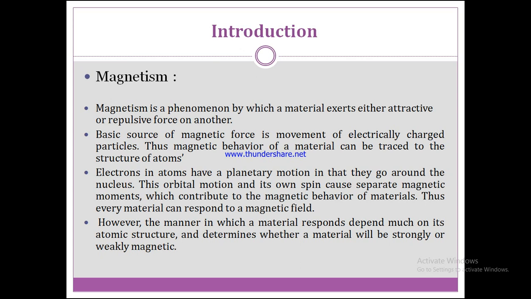Electrons in atoms have a planetary motion in that they go around the nucleus. This orbital motion and its own spin cause separate magnetic moments which contribute to the magnetic behavior of materials. Thus, every material can respond to a magnetic field.